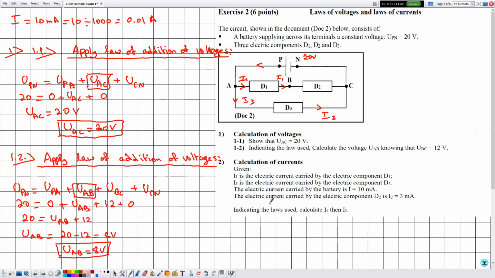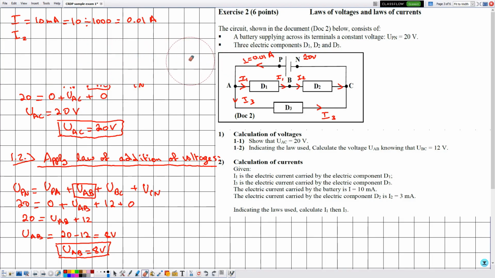The electric current carried by the electric component D2, I2, is equal to 3 milliamps. So this is I2. So here let me say that I is equal to 0.01 amperes. The value of I2 is given by 3 milliamps.